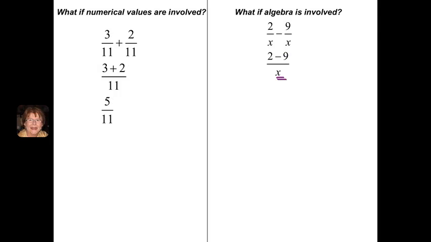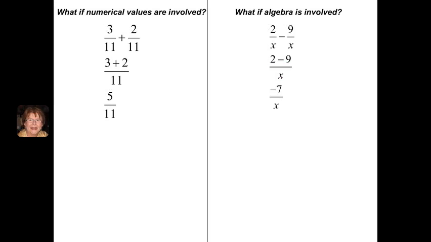Here, it's subtraction, 2 minus 9. Now you know that 2 minus 9 is negative 7. So our final answer is negative 7 over x, with a reminder that the denominator can never equal 0. Therefore, x cannot equal 0. Now let's look at more examples.